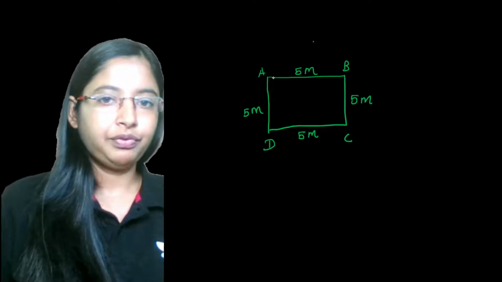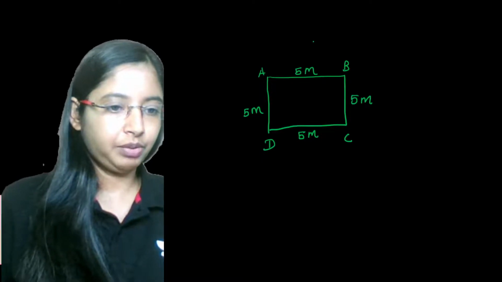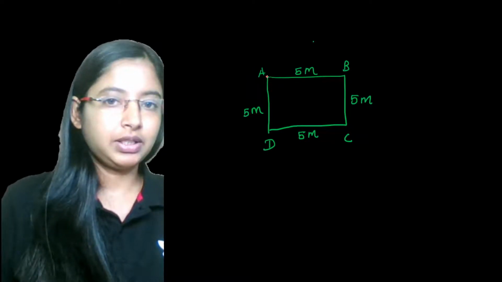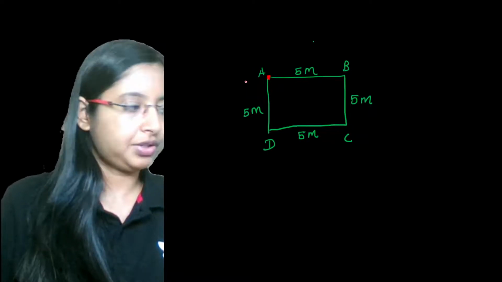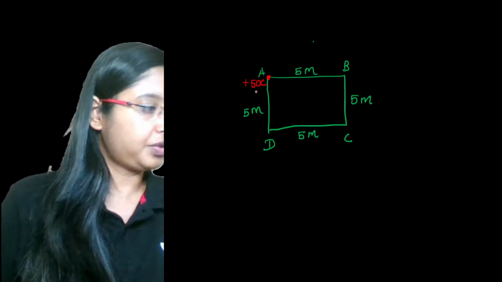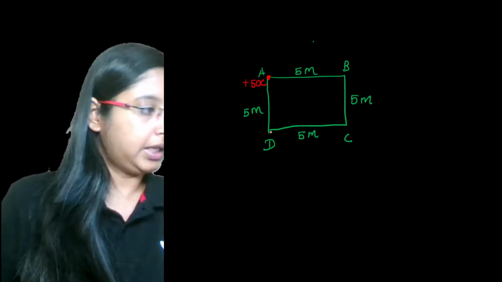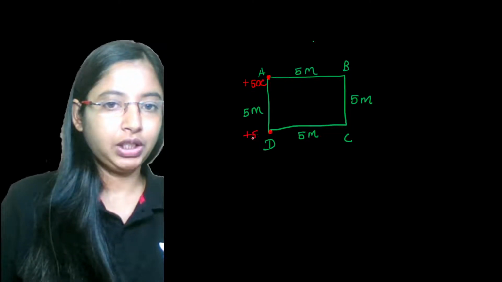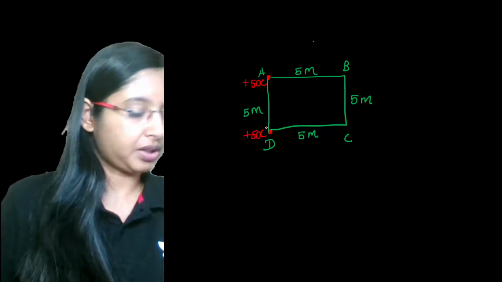Now we are keeping 4 charges, one on each of the vertices. There is a charge over here, and this charge is plus 50 coulombs. That's a huge amount of charge. Over here also we have a plus 50 coulomb charge.